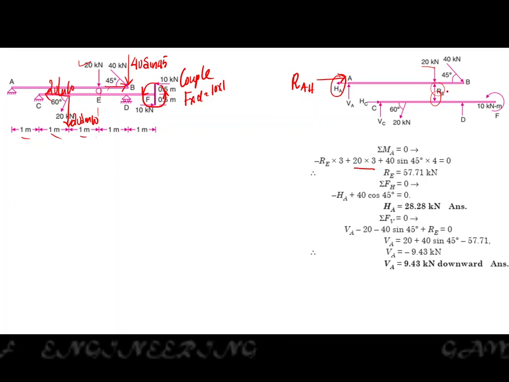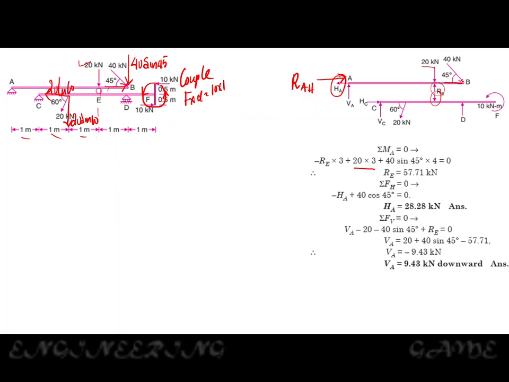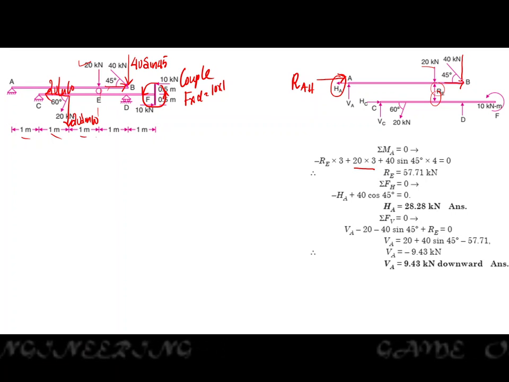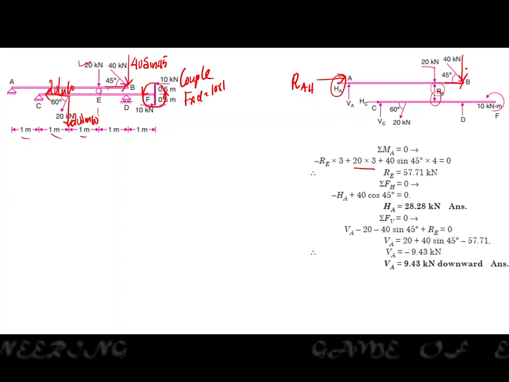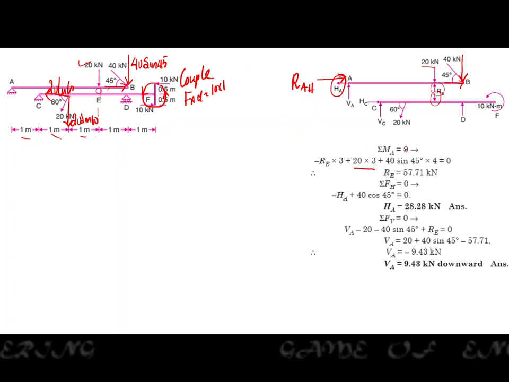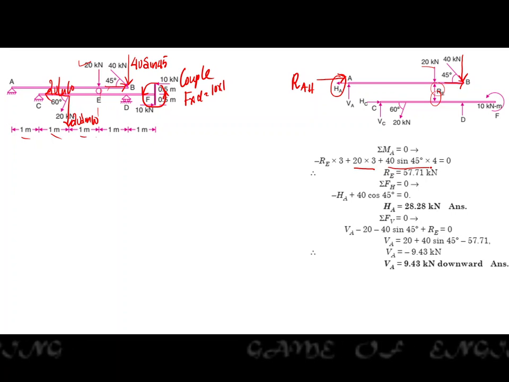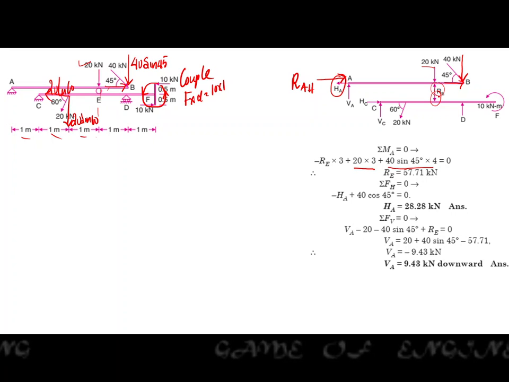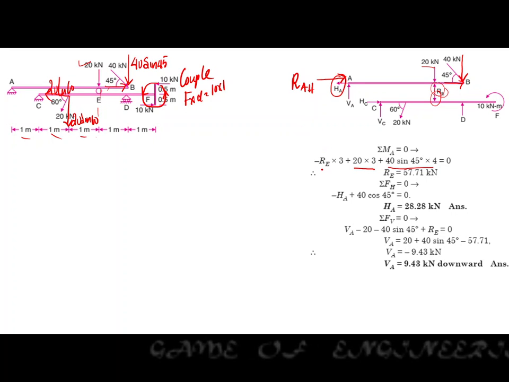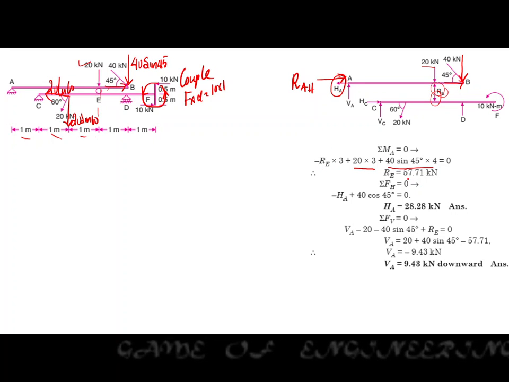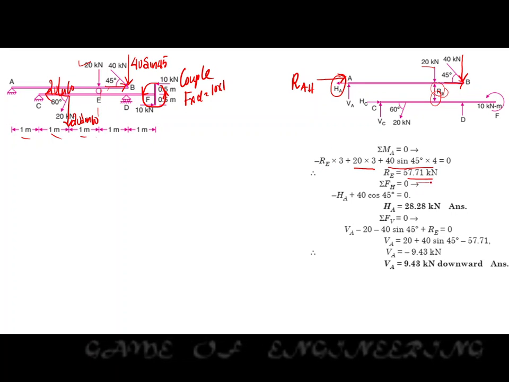Next, 40 cos 45 and 40 sin 45. We have two components, 40 cos 45 horizontal and 40 sin 45 vertical. So we get 40 sin 45 at a distance of 4 meters, 4 into 40 sin 45. And the last force is the reaction at point E, RE into a distance of 3 meters, RE into 3. From this we will get the value of RE as 57.1.